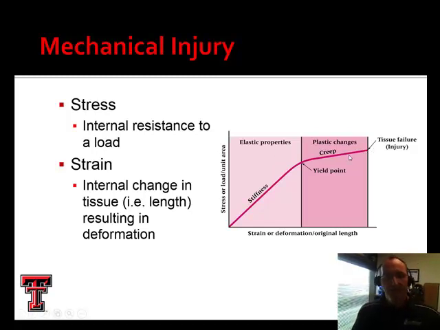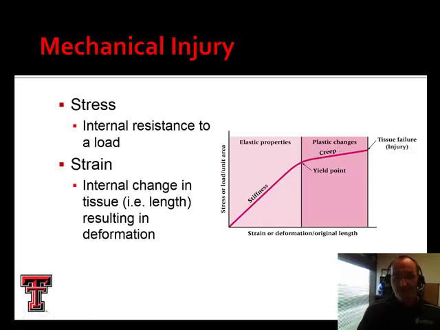and eventually it will fail completely. Okay, now what you see on half of this chart is shaded as elastic properties, and that means if we remove the stress, the tissue returns back to its ordinary or starting shape or length. And when we see these plastic changes, this concept of creep tells us that we're going to have at least a period of some deformity.